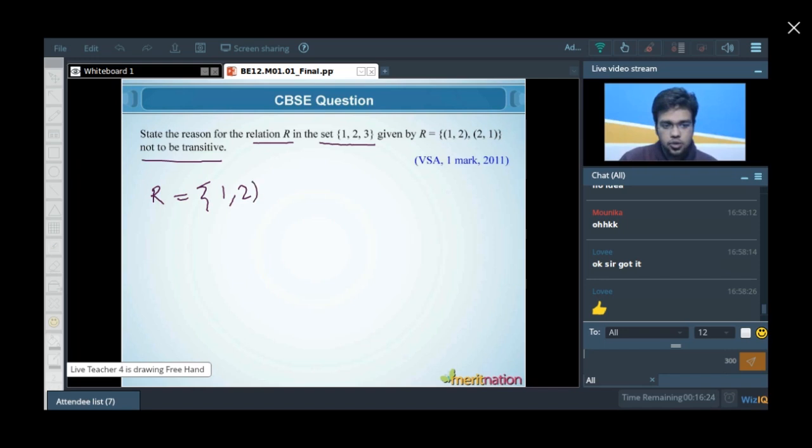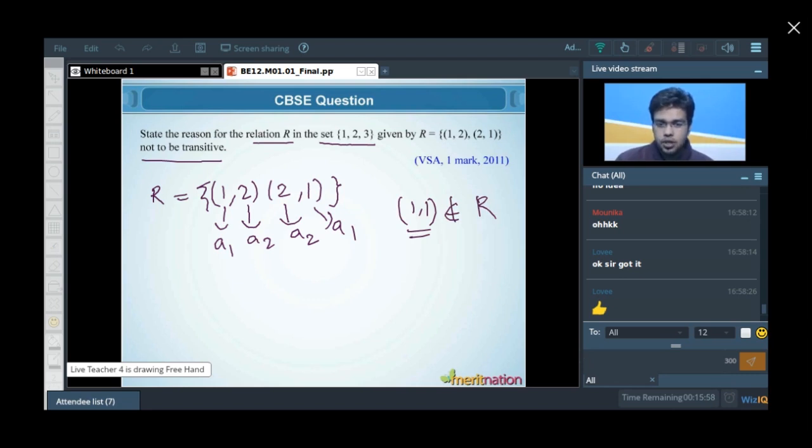Okay, that's wonderful. So now you can very well see that in our relation we are given (1, 2) and (2, 1). Now if I take A1 to be 1 and 2 to be our A2, I can see that (A2, A1) is present, but I do not have (1, 1). One element is missing from our relation R. So that's why I cannot say that it is transitive.